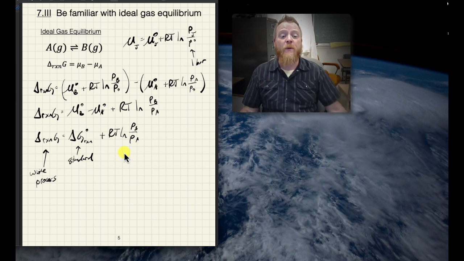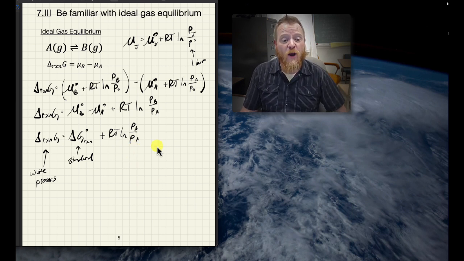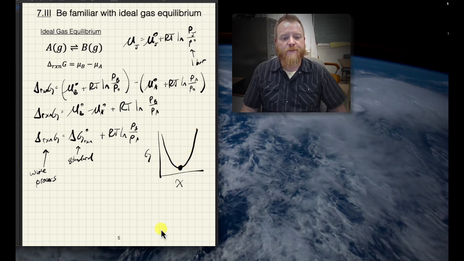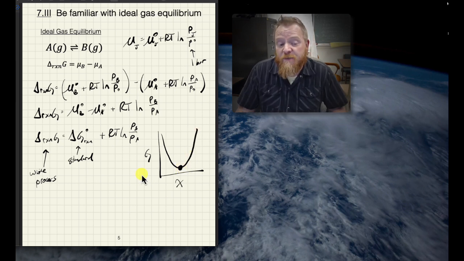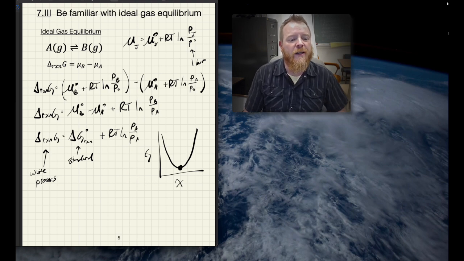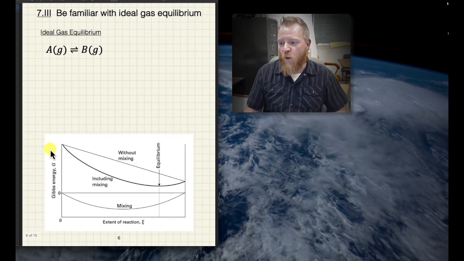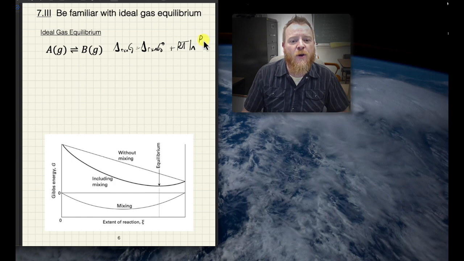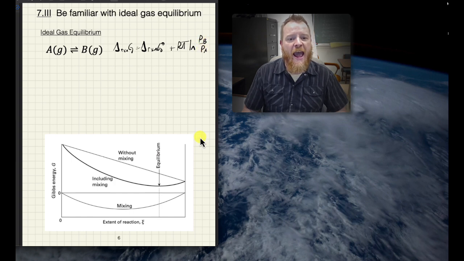If you recall, when we talked about ideal gas equilibrium, we noted that when you mix two gases, in terms of mole fraction, there is a minimized Gibbs free energy based on a 50-50 mixture. So looking at how that would manifest in this whole process, let's rewrite that equation: delta G Rxn equals delta G Rxn standard plus RT natural log of PB over PA.